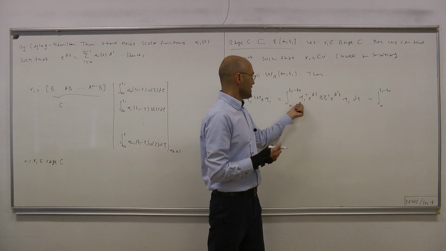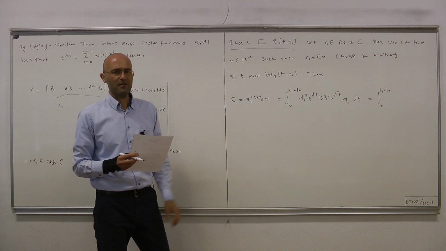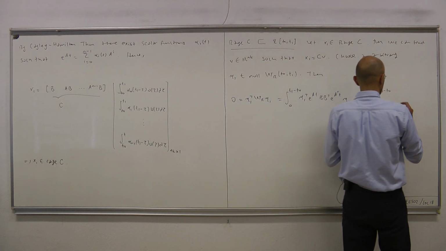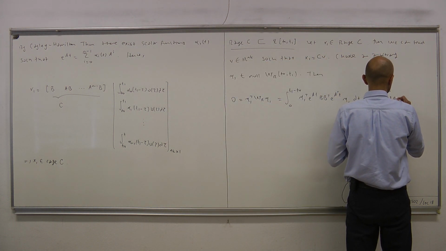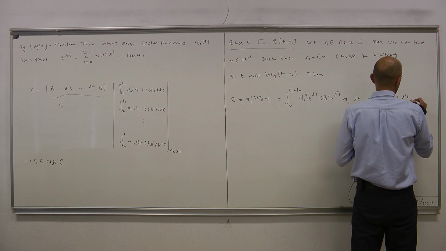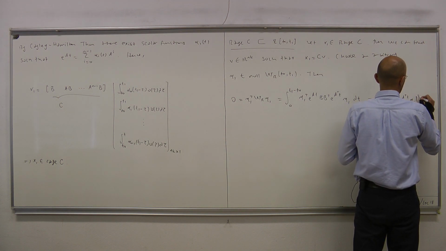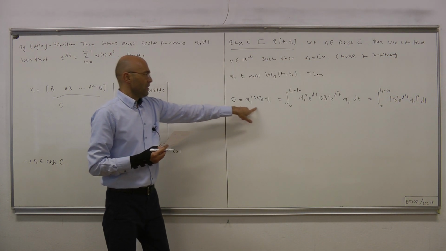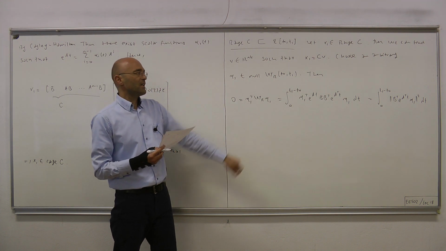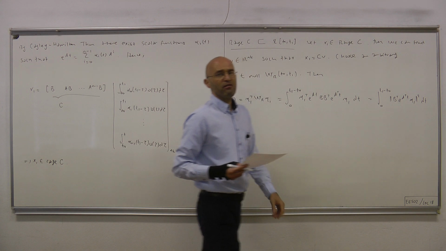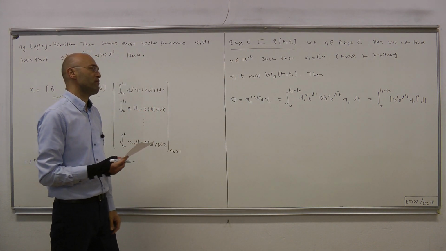Note that here we have something transpose times something, so that's the norm square of that something. So we can write therefore the integral of the norm square of B transpose e^(A transpose t) eta 1, dt. Therefore, this term must equal the integral of some norm square function.